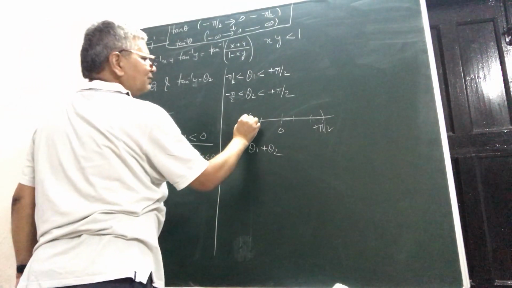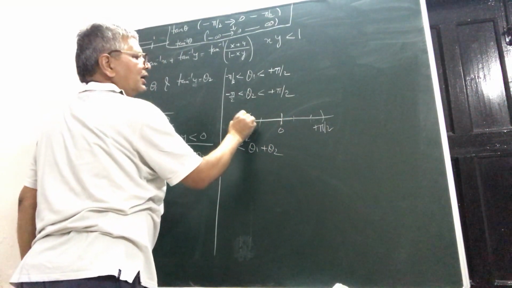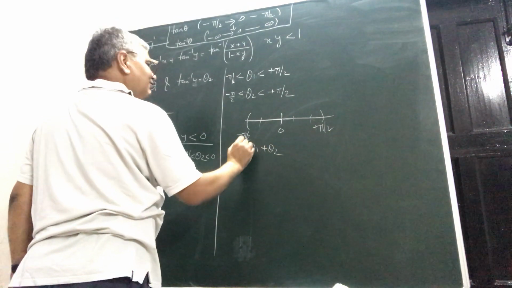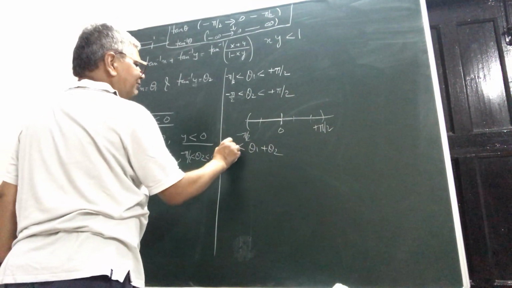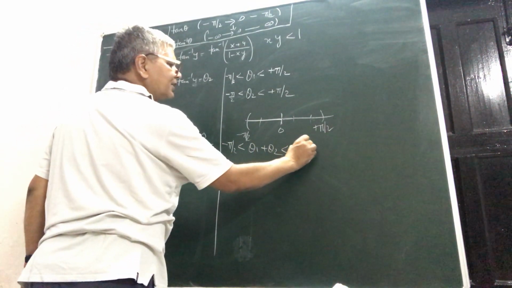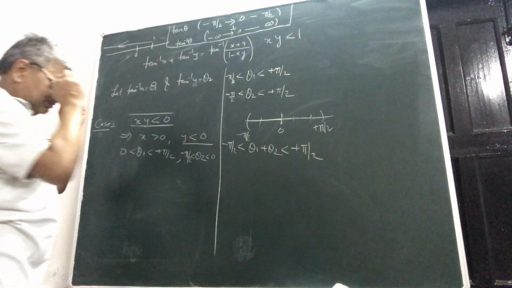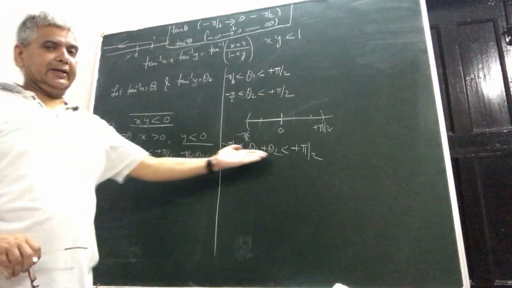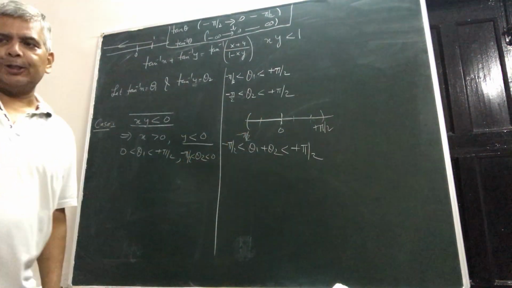So one is lying on the right side of 0 and the other on the left side. So theta 1 plus theta 2 will definitely lie between minus pi by 2 and plus pi by 2. Please see and understand this aspect also. So this is a good result. I have shown you geometrically also.